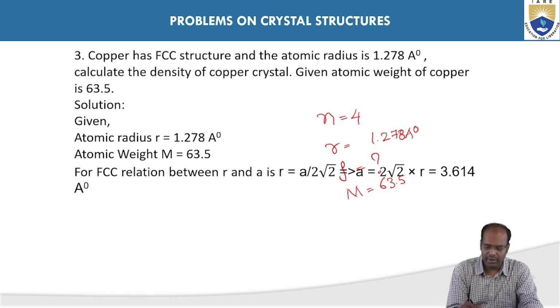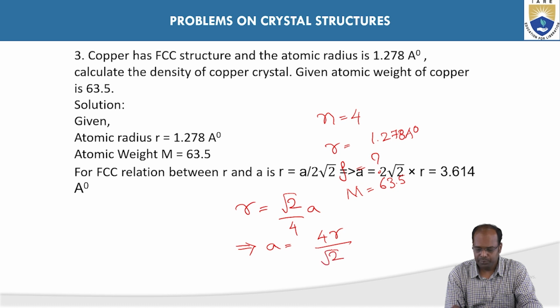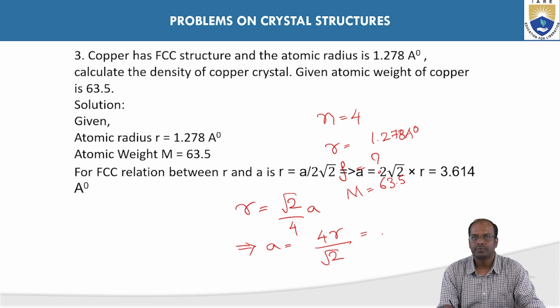For face centered cubic, the relation is R is equal to root 2 by 4 a. So here we can write a is equal to 4r by root 2. Here 4r we can also write as 2 into 2 into r by root 2.